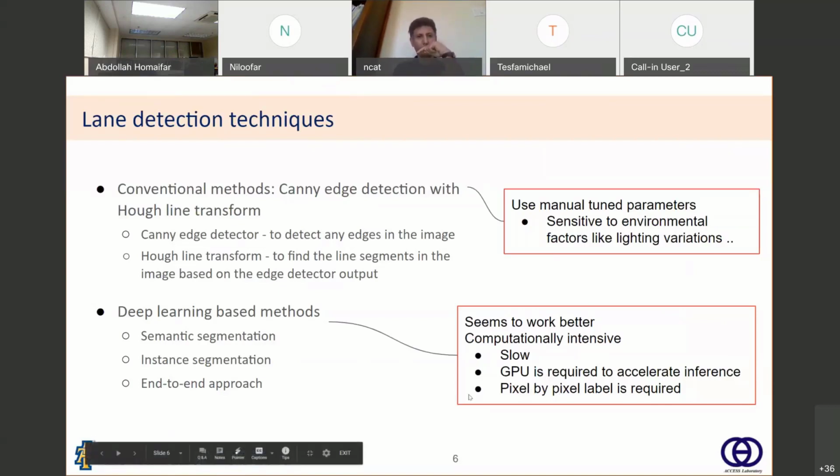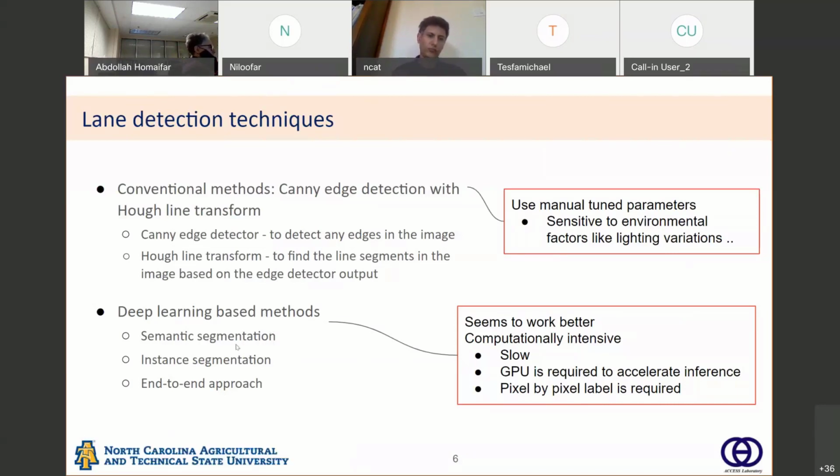On top of that, each and every pixel in the image must be labeled as a lane marking or a background or some other class. Those are the concerns with these deep learning methods compared to the conventional methods. Conventional methods, on the other hand, are relatively faster.